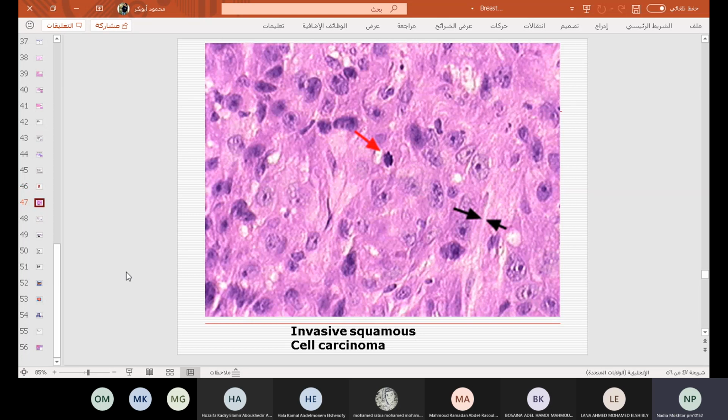Again, this is an example of invasive squamous carcinoma, with very high anaplasia and mitosis, the arrows pointing at some mitosis. Next.